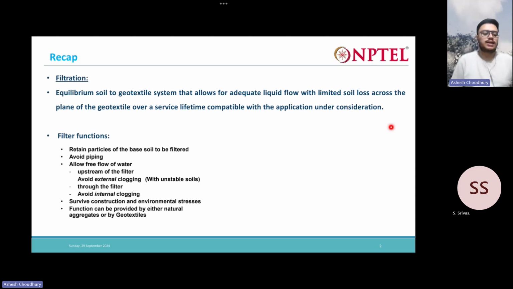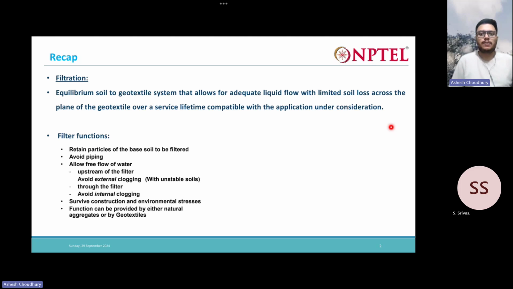All right, let us see what is written here. Equilibrium soil to geotextile system that allows for adequate liquid flow with limited soil loss across the plane of geotextile over a service lifetime compatible with application under consideration. So equilibrium soil to geotextile system.